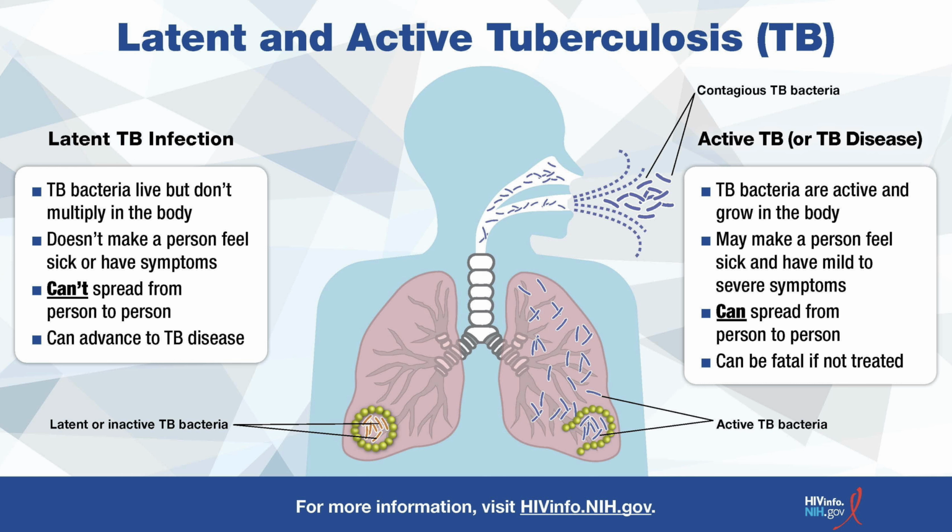It can advance, but in the latent stage, you cannot spread it. In active TB, this active disease, the bacteria are actively growing inside your body. They do produce symptoms, and you can spread it from person to person. And if not treated, and treated somewhat aggressively, tuberculosis can be fatal.